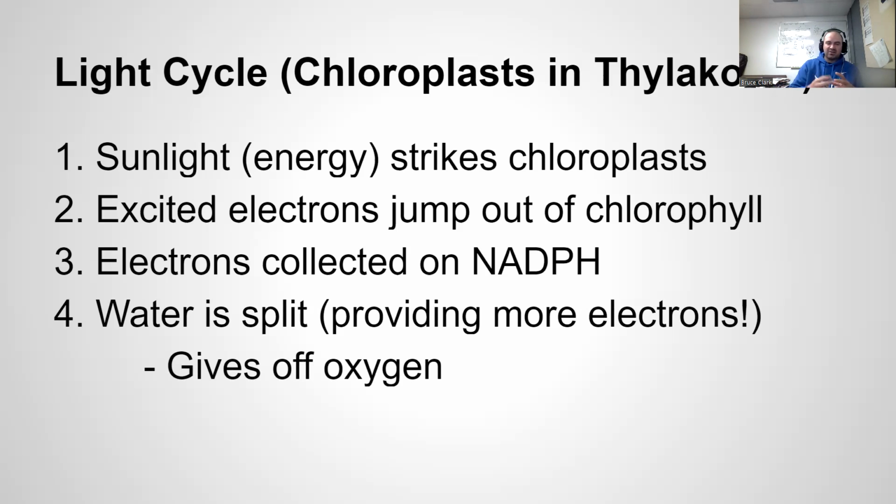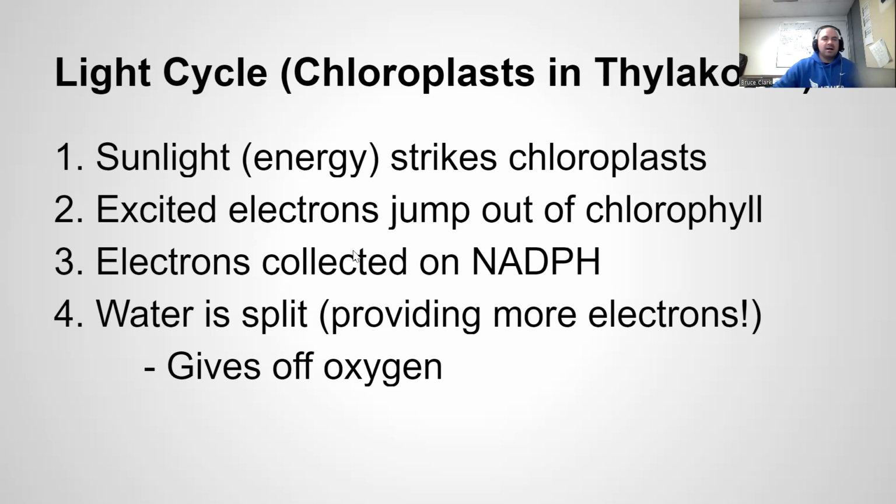And it's going to help generate a constant supply of electrons. And this process is what's going to give off oxygen as well. So when we talk about how plants inhale carbon dioxide, exhale oxygen, that's part of it, yes. But they give off oxygen in this step because they are splitting water to get an electron stream going there.